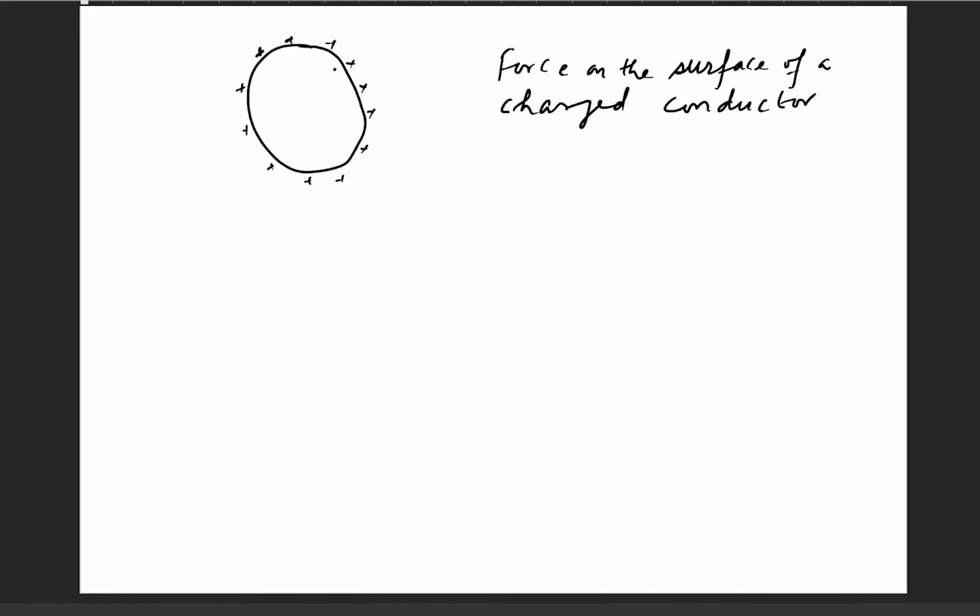Okay, so we have just proved here that the field due to nearby charges at a place is E equal to sigma by 2 epsilon naught an, either in this direction or minus an in this direction.